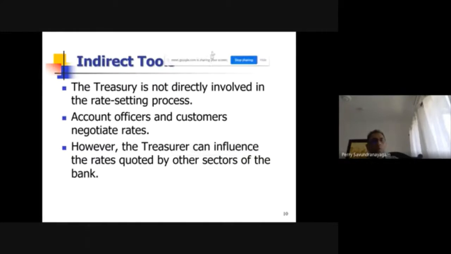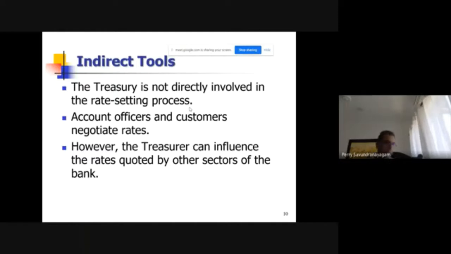Okay, so what I said earlier, Treasury is not directly involved in the rate setting process. Account officers and customers, so basically consumer banking or corporate banking, will decide the customer rate. Treasury basically provides the transfer pricing rate on those, especially for loans and deposits. But Treasury can influence the rate quoted by allocations of the bank.